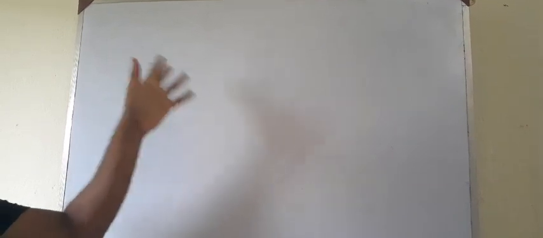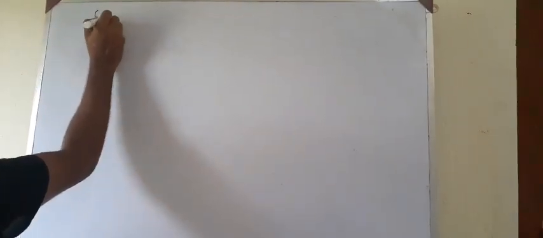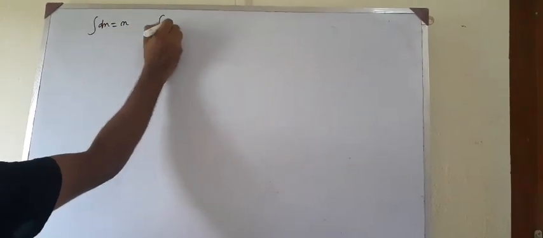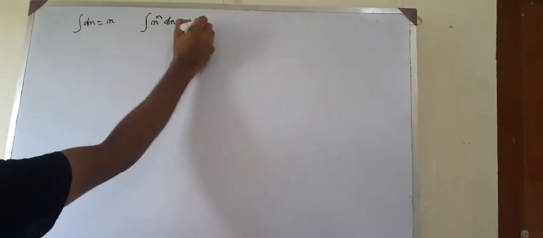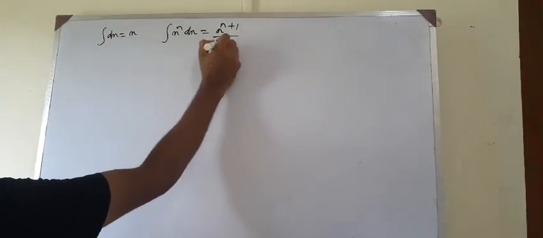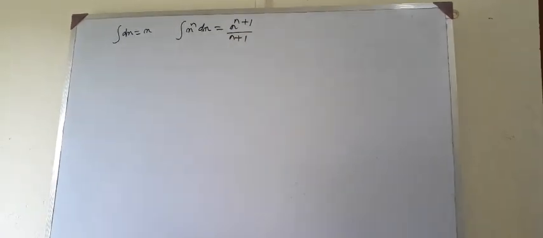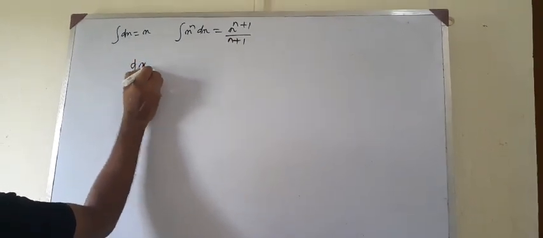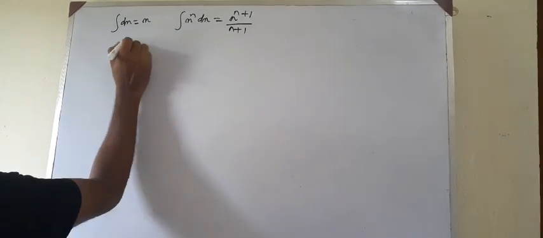Now I'll solve some problems using the integration formulas I have told so far. I'm only going to use two things: the integration of dx equals x, and the integration of x to the power n dx equals x to the power n plus 1 by n plus 1. But I'll use limits. Let's say, simple: first I'll do the integration of dx between 1 and 5.